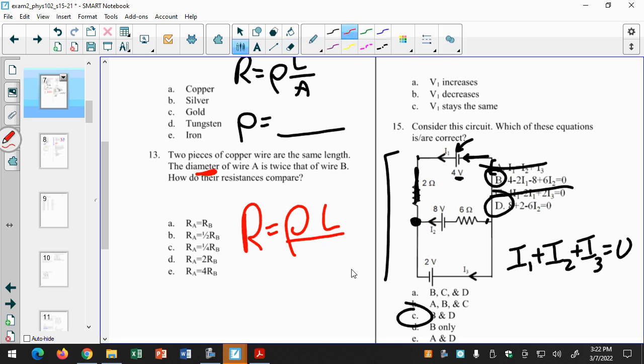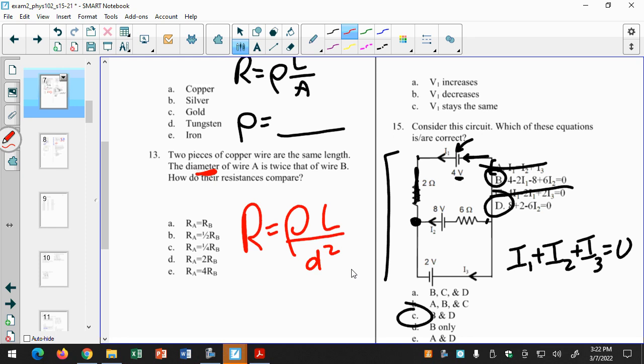So I could just replace that with diameter squared. I'm not even going to write the pi and the over 2. All I'm really concerned about is the diameter squared, because I'm only concerned with the relationship, not the actual value. You see what I did there? I just replaced the area with radius or diameter squared. Okay, you understand why I did that? Pi r squared is our area.